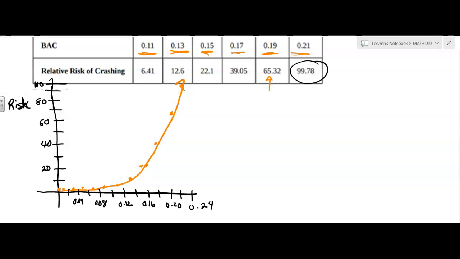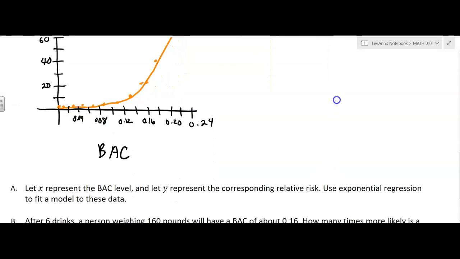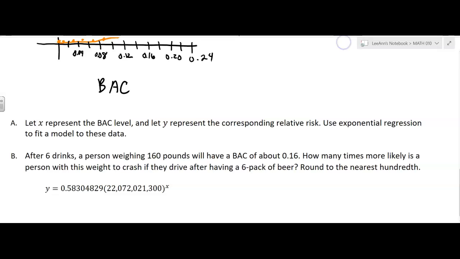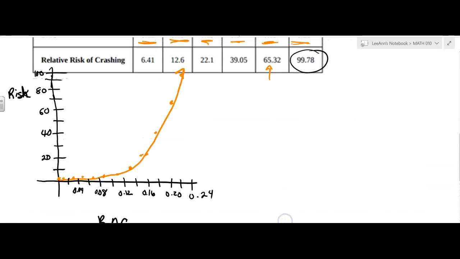So it's showing that the risk is really increasing as the alcohol increases. Okay, so that's our graph. It definitely looks like an exponential growth model.